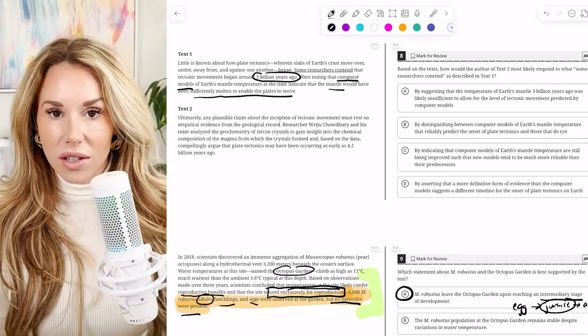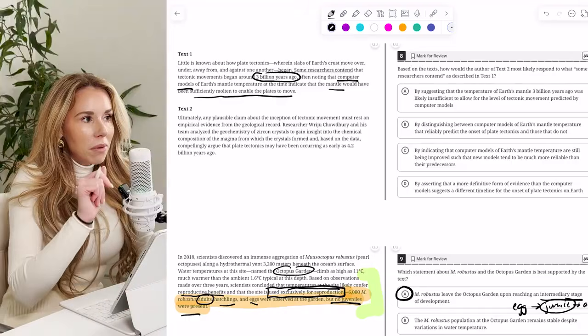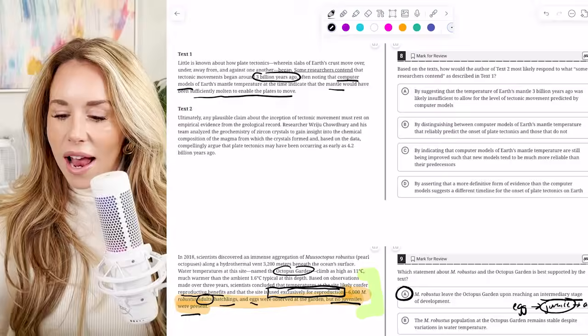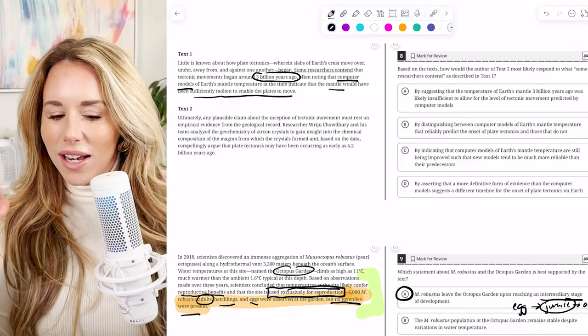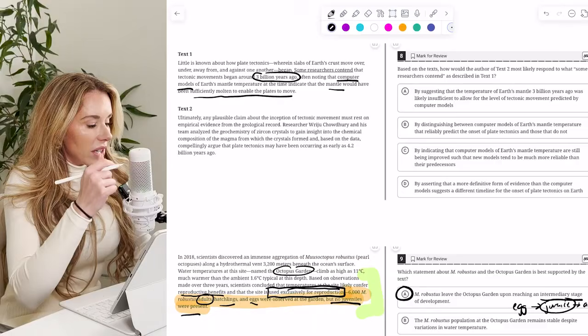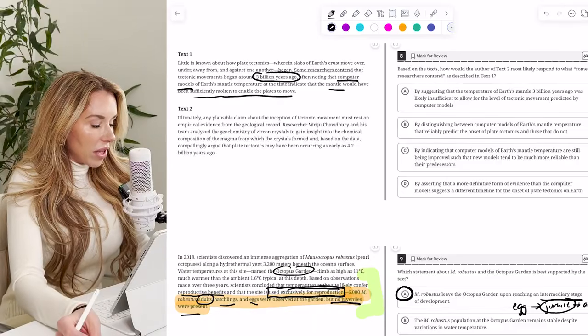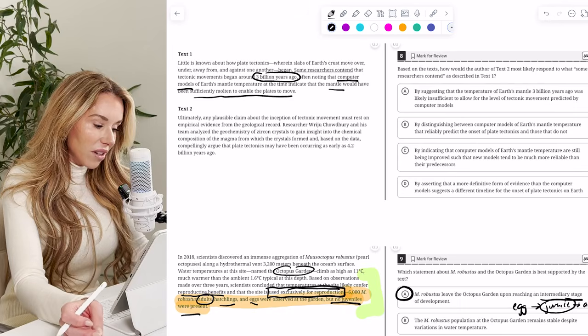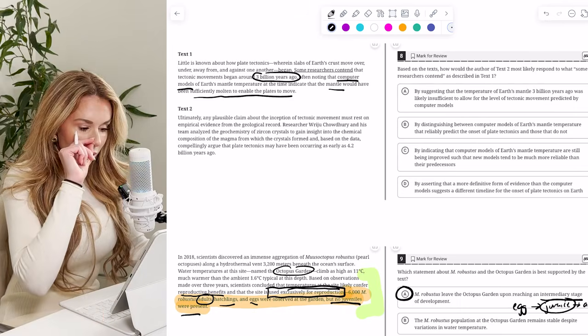Let's see what text 2 says. They're probably going to disagree, by the way, because this is a hug slug passage, and expect text 2 to not agree fully with text 1. Text 2 says, ultimately, any plausible claim about the inception of tectonic movement must rest on empirical evidence from the geological record.